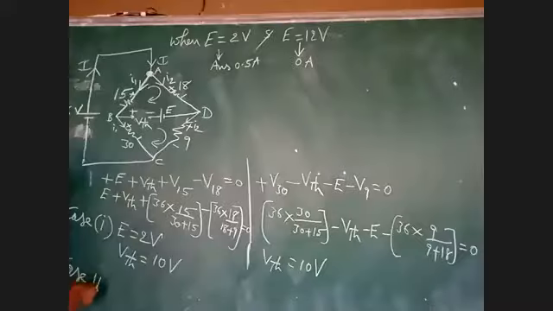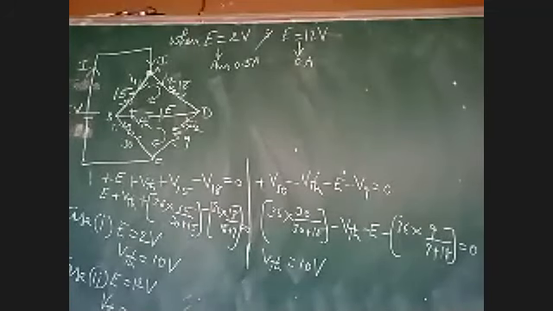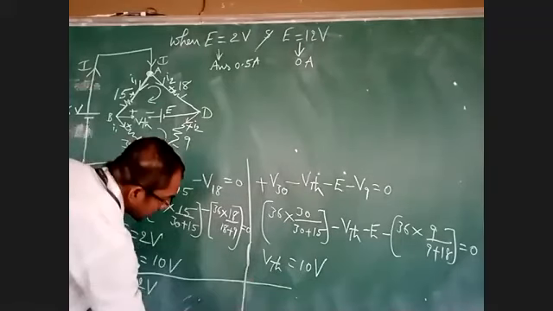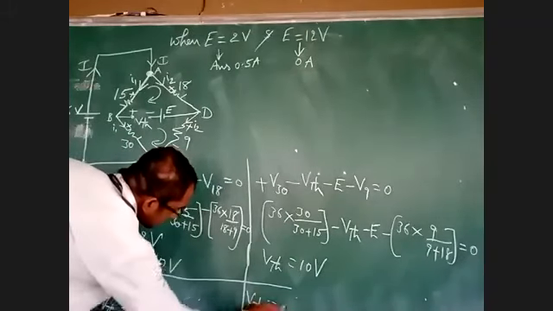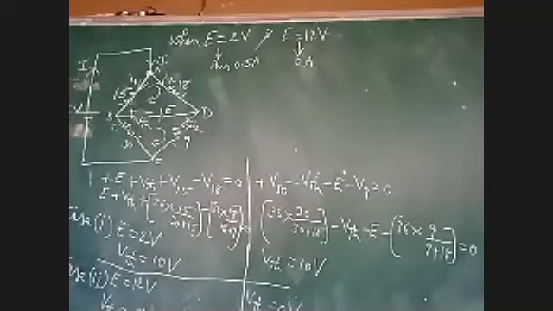Now take case 2. E is equal to 12 volts. Determine VTH. Zero. Okay. If you are getting 0 here, here also you have to get VTH is equal to 0. Case 1, case 2.